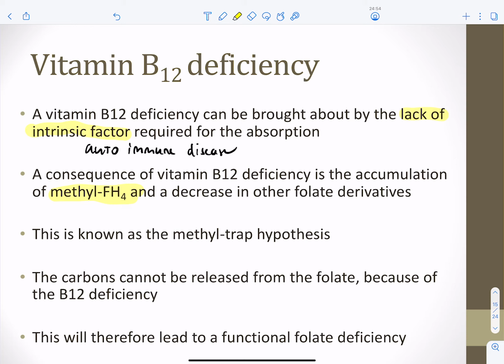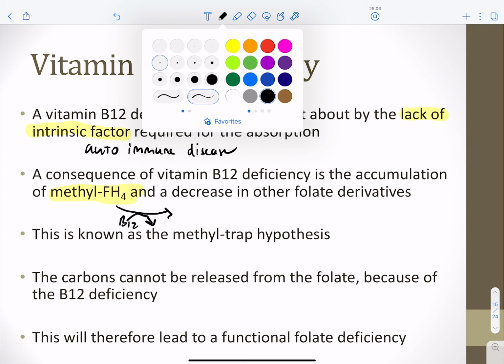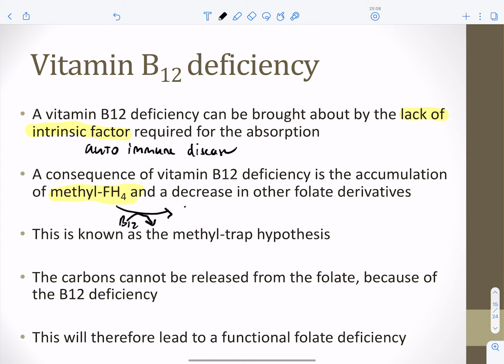So if you have a vitamin B12 deficiency and this does not happen, then this is known as the methyl trap.